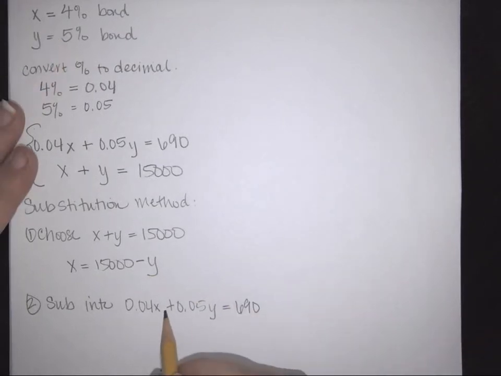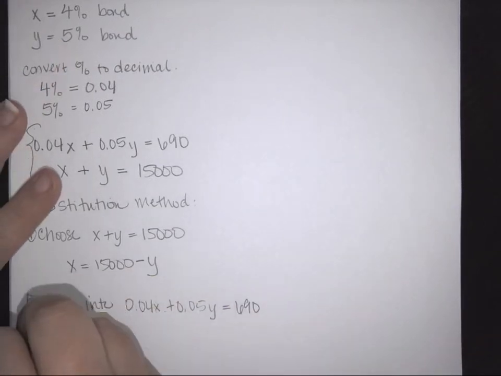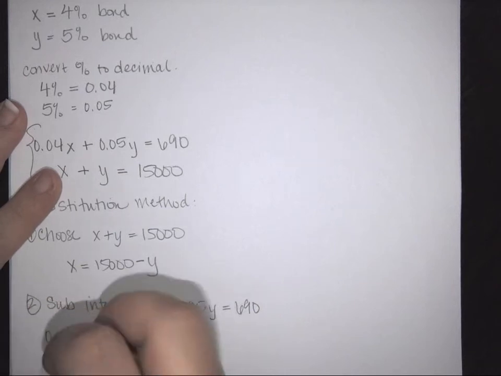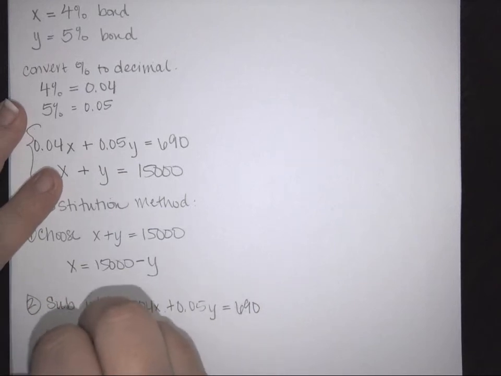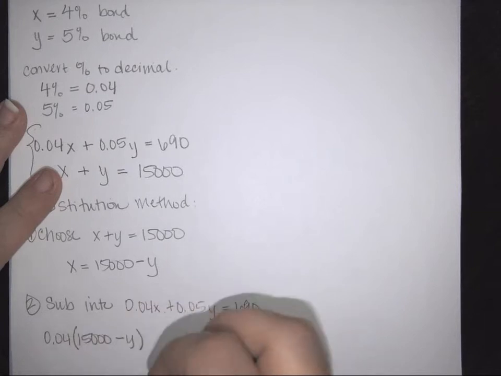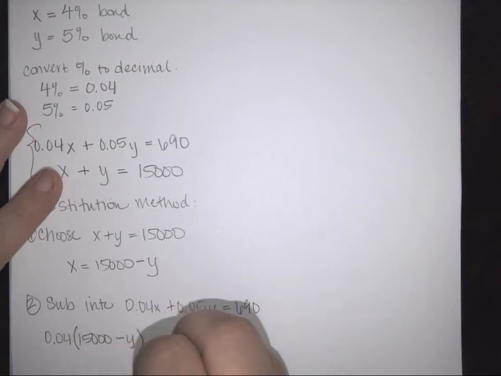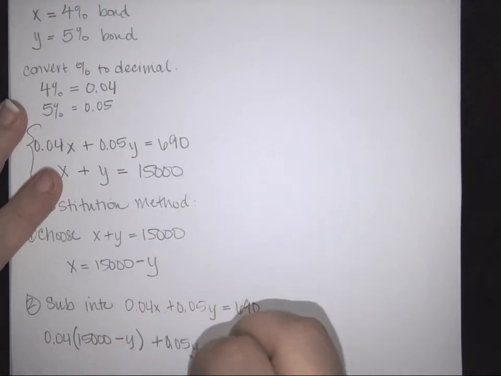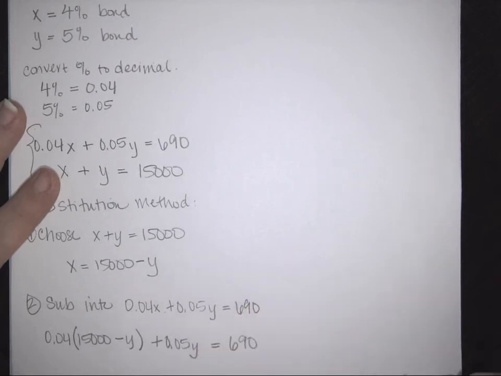So here I'm substituting in for the x, so this becomes 0.04 times your 15,000 minus y plus 0.05y is equal to your 690.